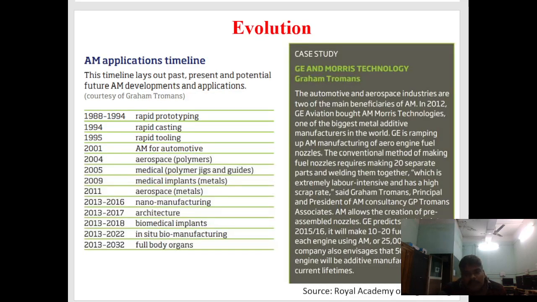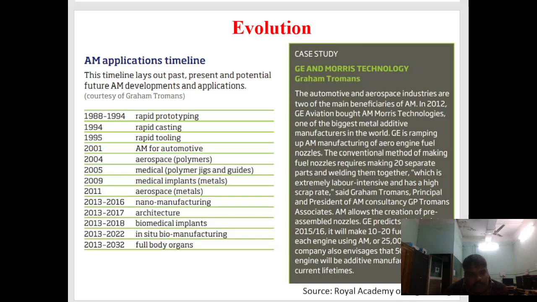Evolution. What is the history behind the development of additive manufacturing process? This timeline lays out past, present, and potential future additive manufacturing development and application, courtesy of Graham Tromans. 1988-1994 is the period in which rapid prototyping came into the picture. In 1994, rapid casting. In 1995, rapid tooling. In 2001, additive manufacturing for automotive. In 2004, aerospace polymer.